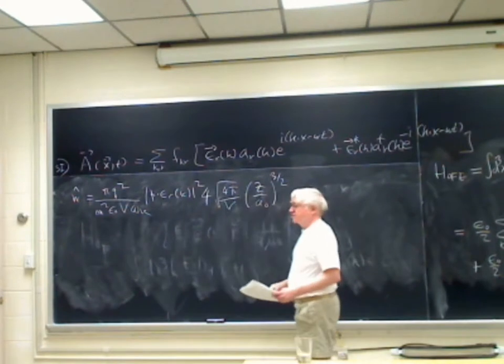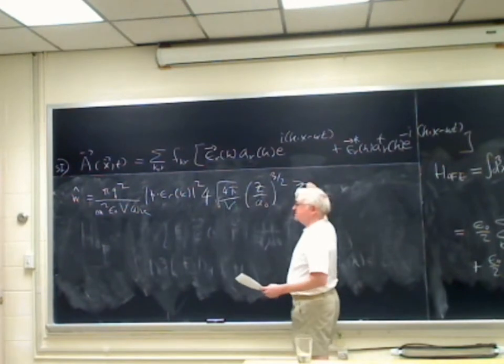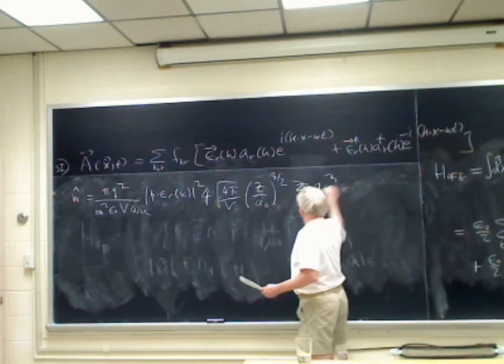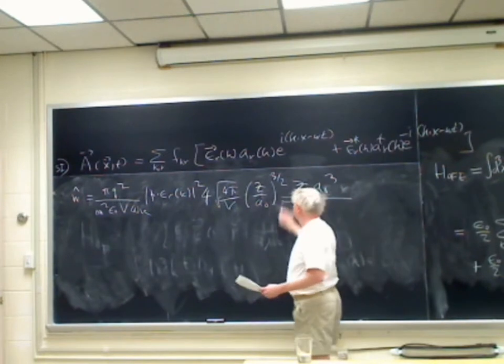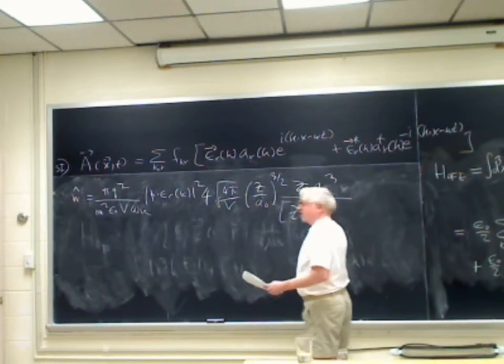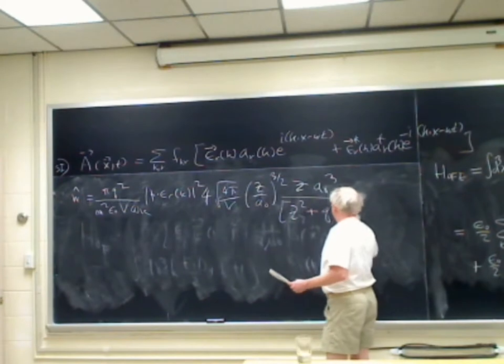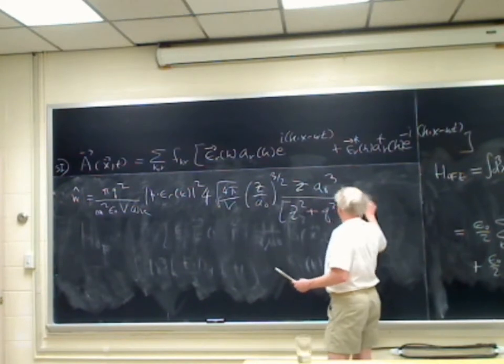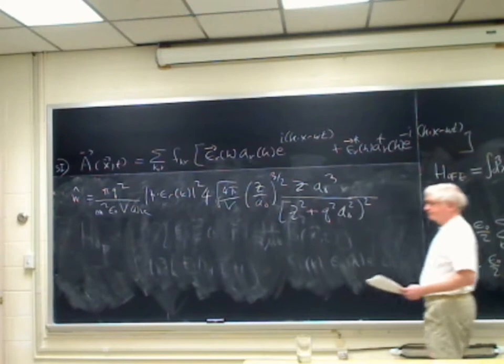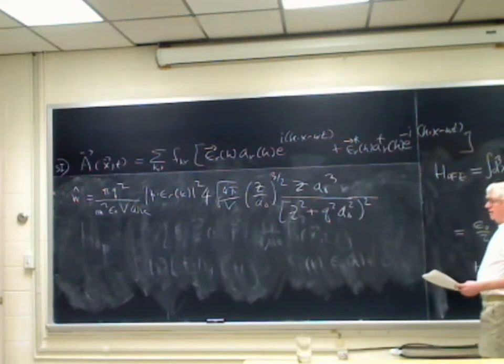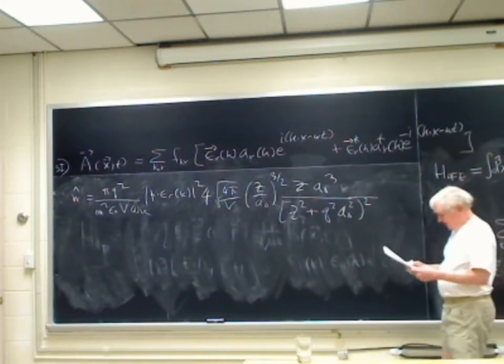Or the q's cancel, Z A0 cubed over Z squared plus q squared A0 squared, squared. All right, I think that's right.